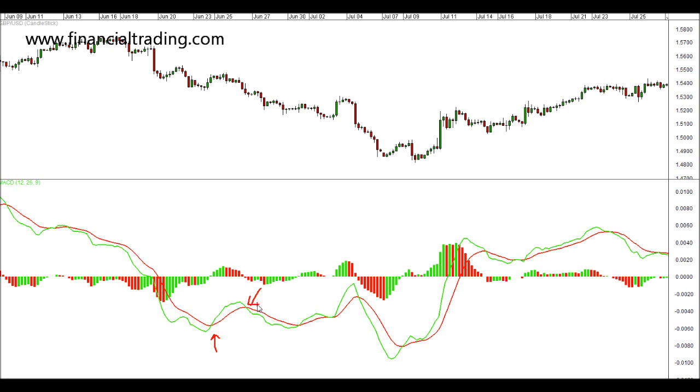But what I'm suggesting is you do not purely use this crossover to trade, but that you look for signals in the market and then use indicators to give you further clarification that what you're seeing and speculating is correct.